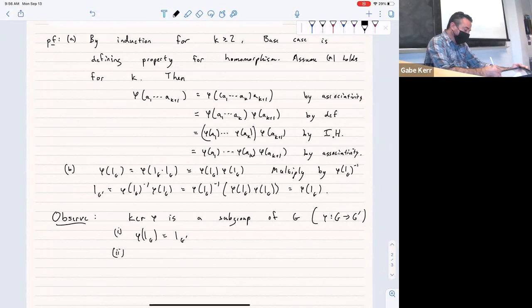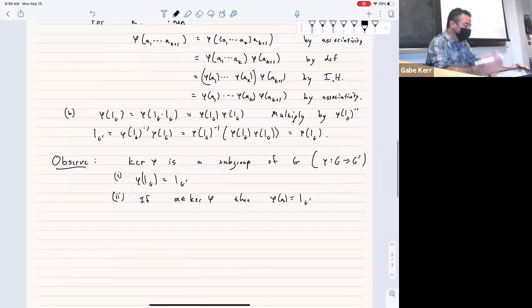If A is an element of the kernel of phi, then phi of A is equal to 1 of G prime.